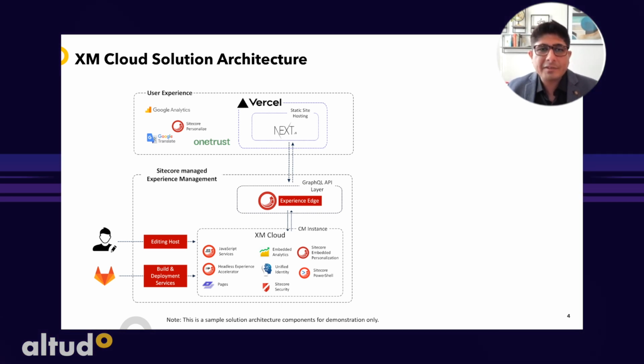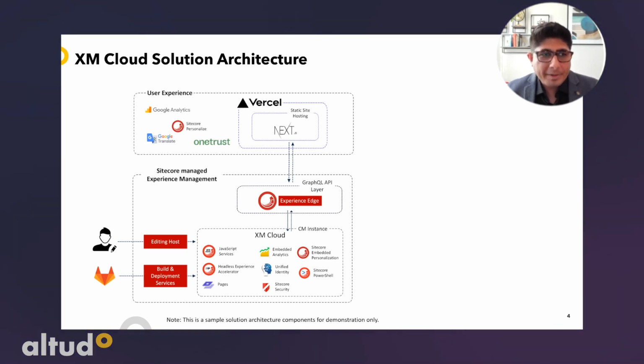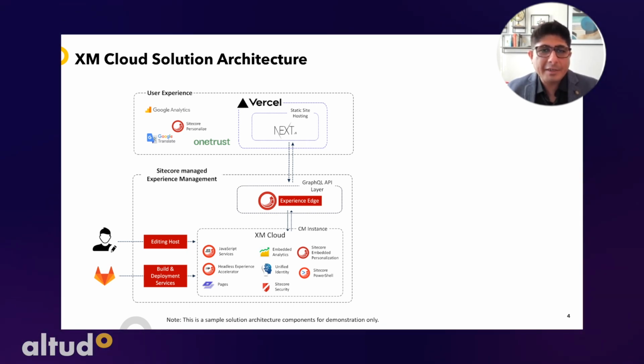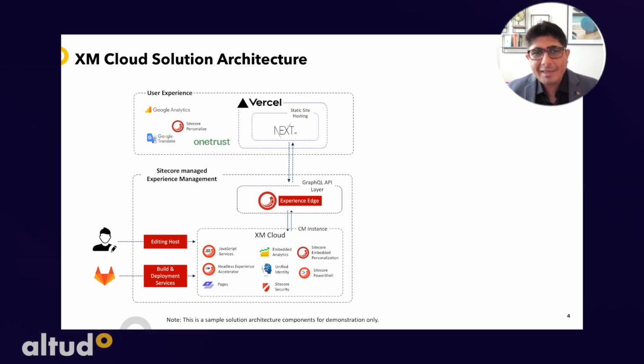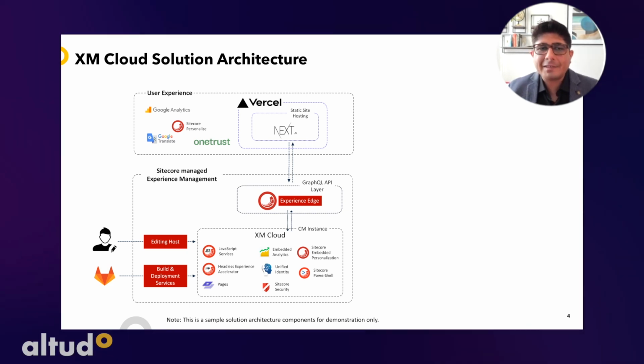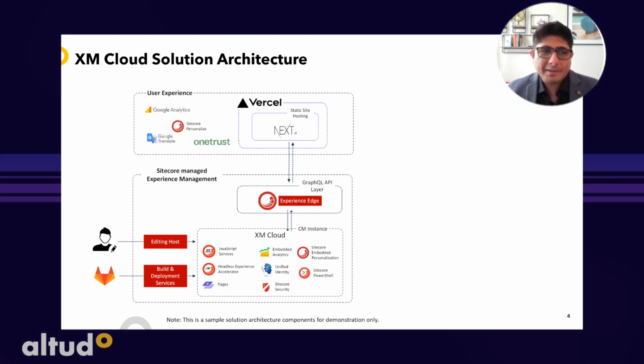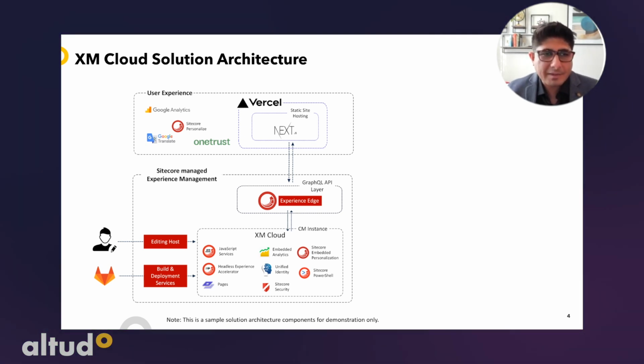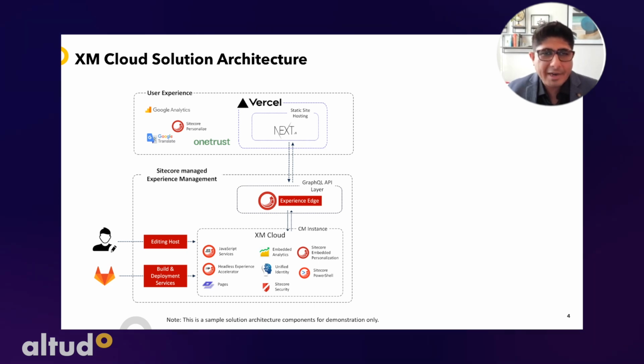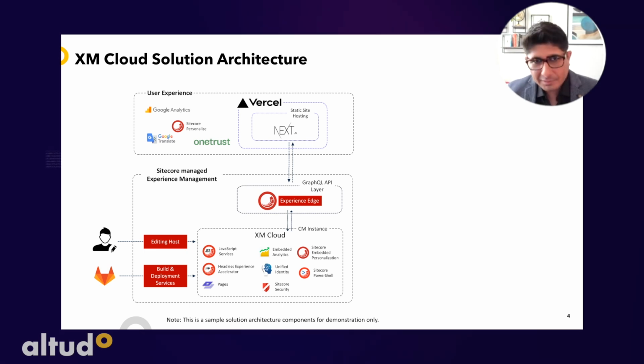So this is my Next.js code of components, pages, everything related to UI, which is now staying in MrTev as static site hosting. And then there is other stack on the user experience side like OneTrust, Personalize, Analytics, Translate, whatnot, staying on the user experience layer to complete the experience.